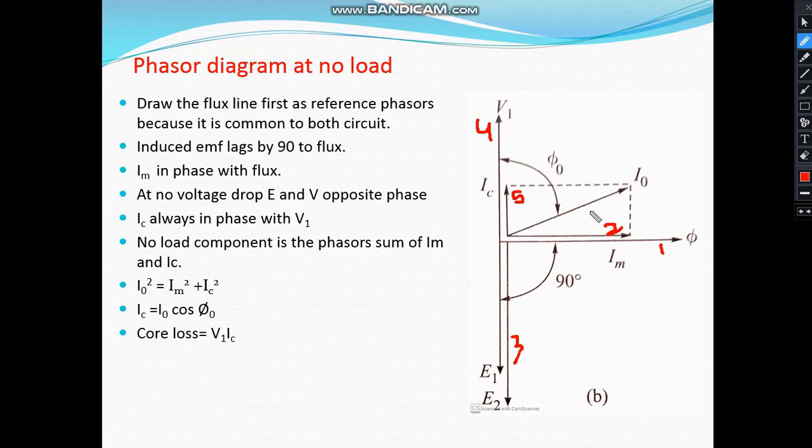So the resultant phasor is I naught, the sixth one. So all these six phasors have been set up like this. Now I naught square is equal to Im square plus IC square. From this, IC is equal to I naught into cos phi naught, and core loss is equal to V1 into IC.